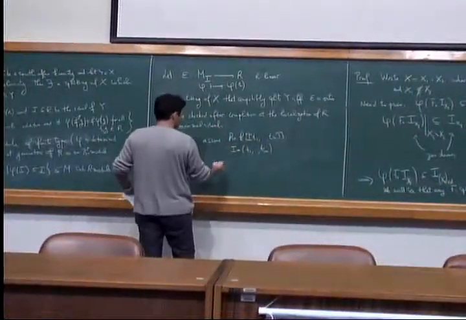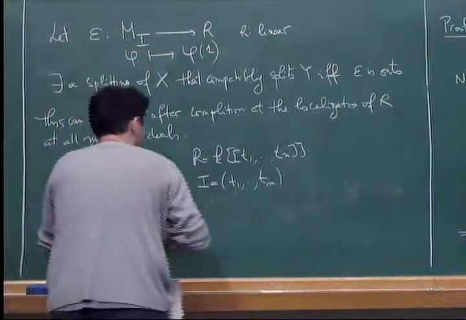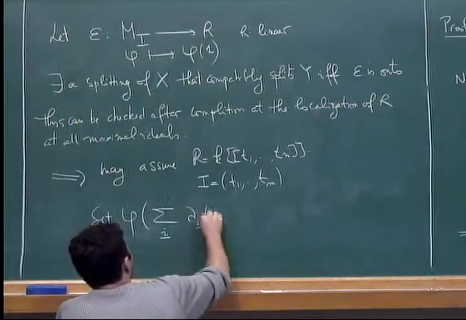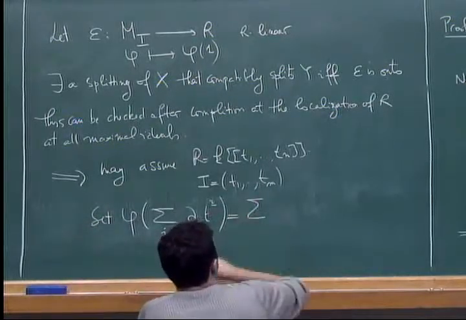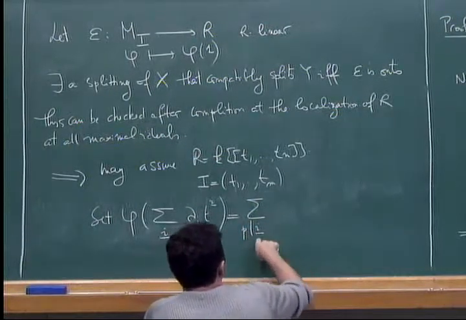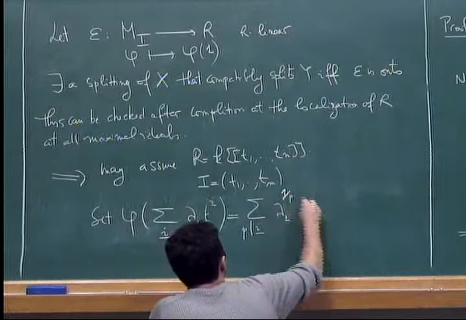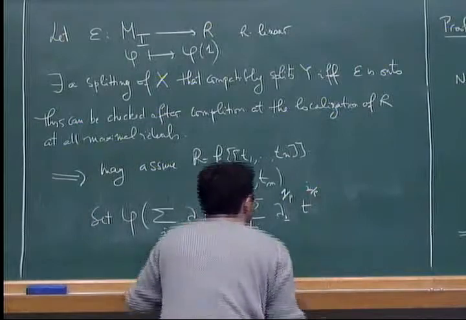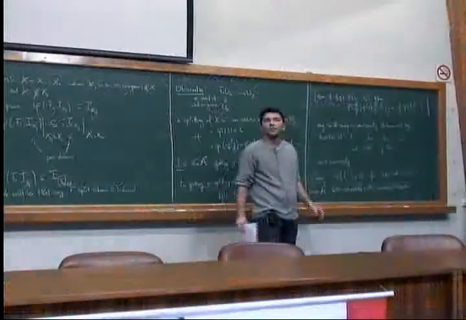You set phi of the sum over I of lambda_I t^I to be exactly the sum, for those I that can be divided by p, of lambda_I to the 1 over p times t^(I/p). This is exactly the formula you get.